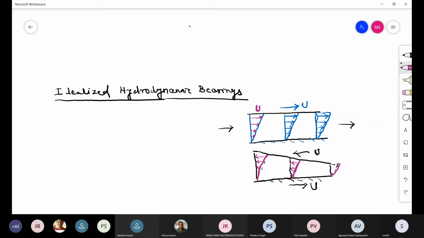This is the cause of pressure development. In the first case, the flow is basically due to the velocity, so it is velocity induced flow. In the second case, the flow is due to velocity as well as pressure induced. So flow has two parts: one is due to the velocity and another due to the pressure that develops in the fluid film.